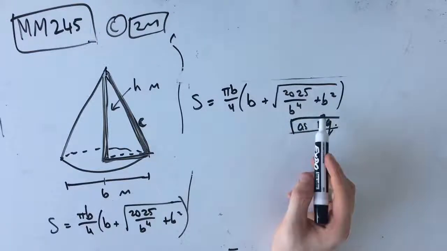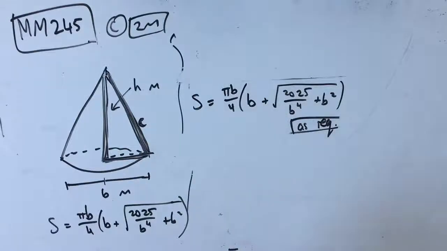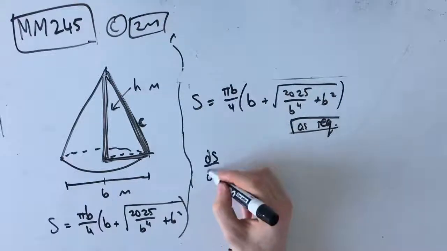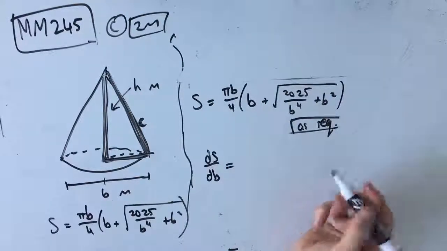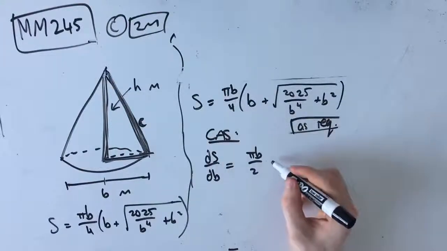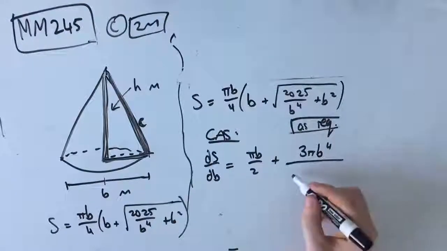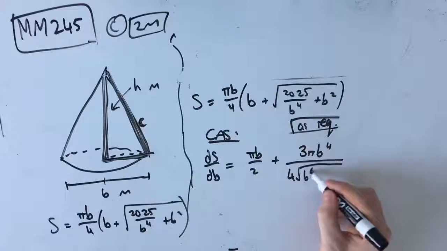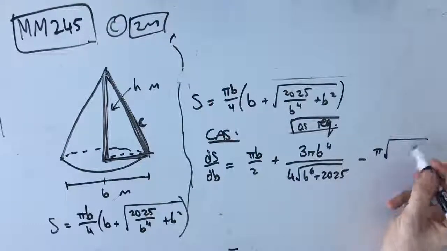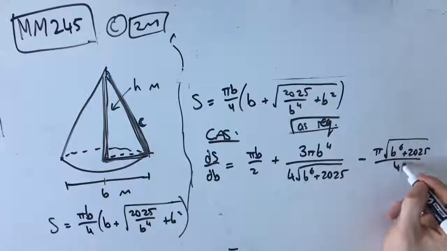So we know that this is the surface area. If the surface area is going to be a minimum, we're going to have to differentiate this and let it equal 0. We do have our CAS, which means that we can just sub this straight into our CAS. So the derivative, dS/db, is equal to, according to our CAS, pi b over 2 plus 3 pi b to the 4 over 4 times root b to the 6 plus 2025, minus pi root b to the 6 plus 2025 over 4b squared.